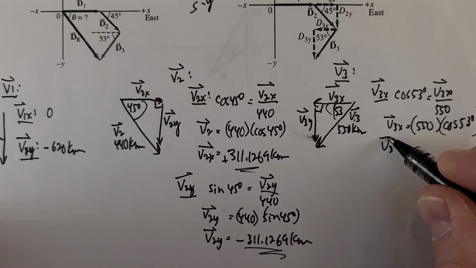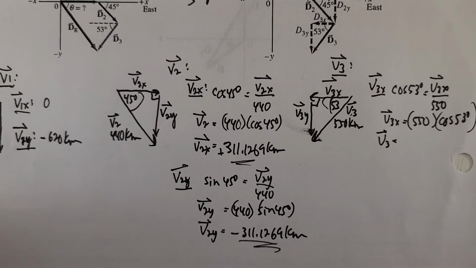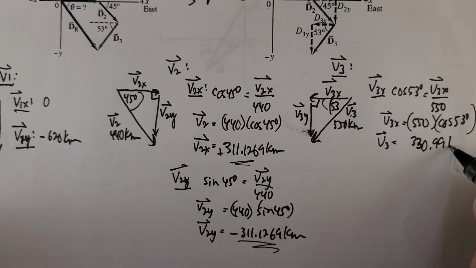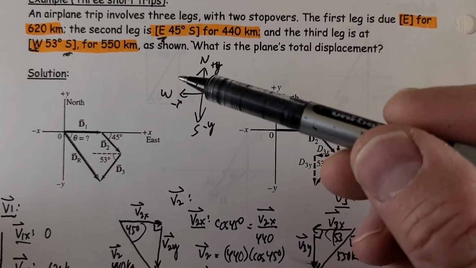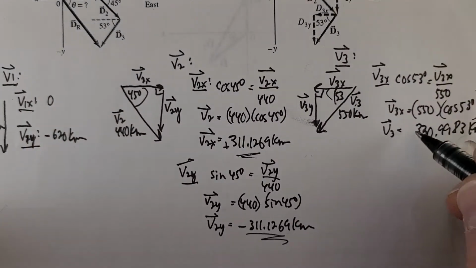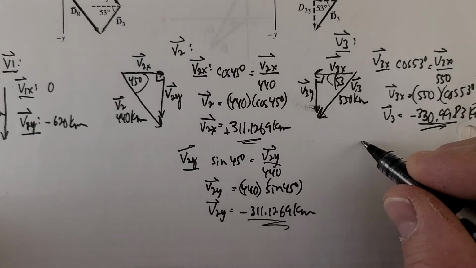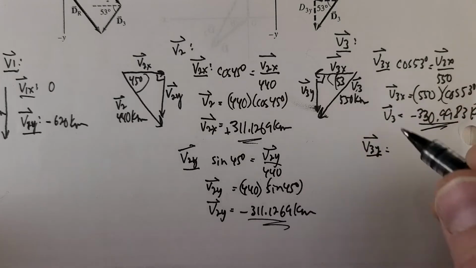And that is going to give me, what does that give me? That gives me 330.9983. Go a few decimal places there. And V3 is pointing west. And west, of course, is negative x. So I'm going to put a negative there. And to figure out V3 in the y direction, it's the opposite side.